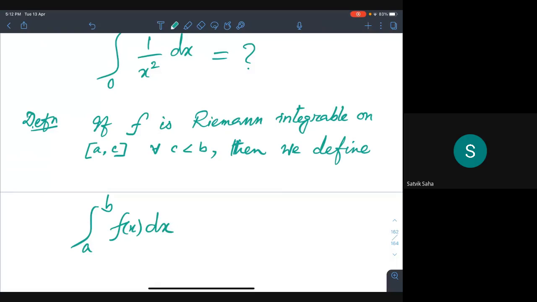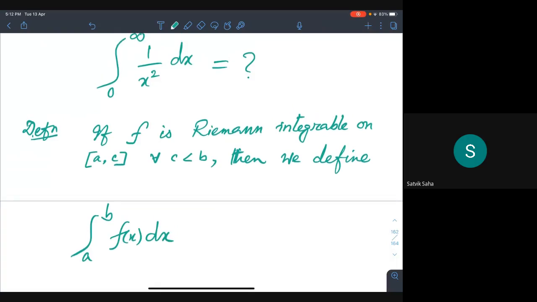So b can be infinity, right? So b here can be infinity.